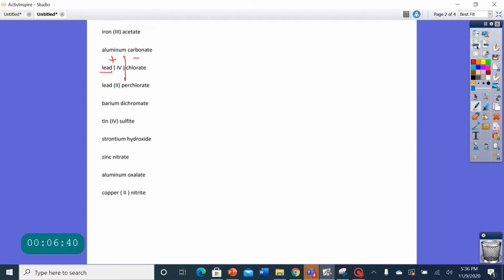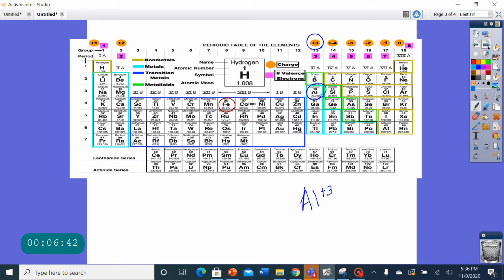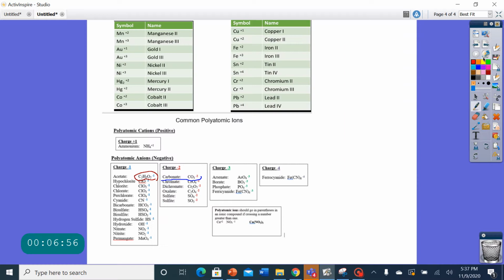I can look in two places. I could look for the symbol here, and I know that if I look up lead, the letters in the symbol are capital P, lowercase b. But I can also look here and find that lead is given to me here.